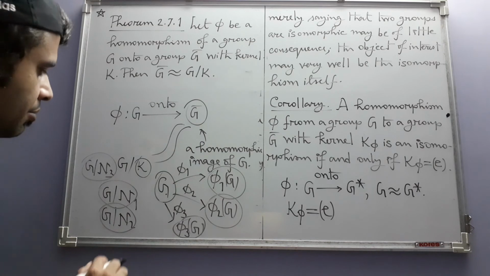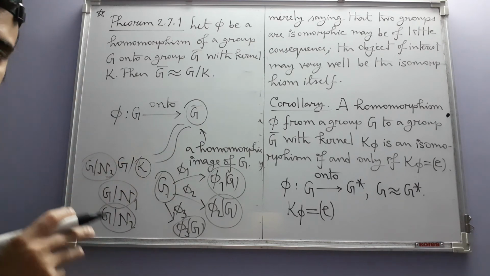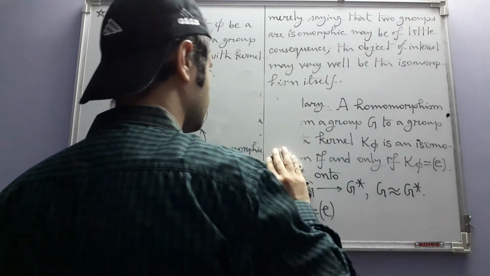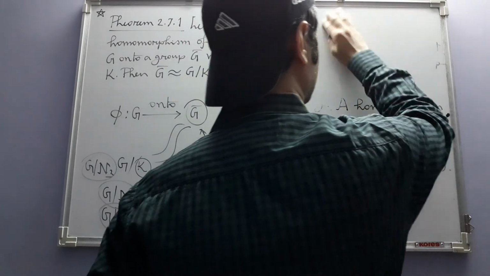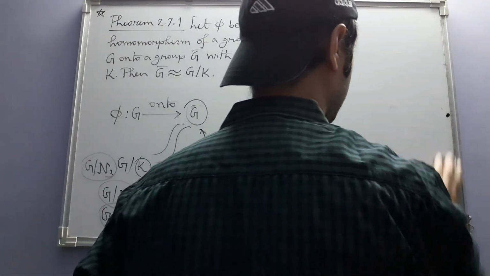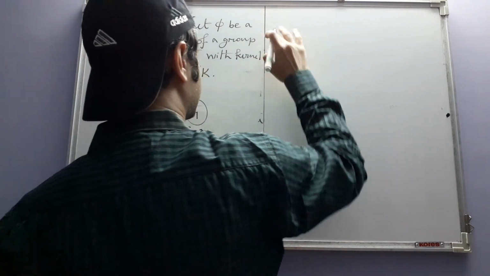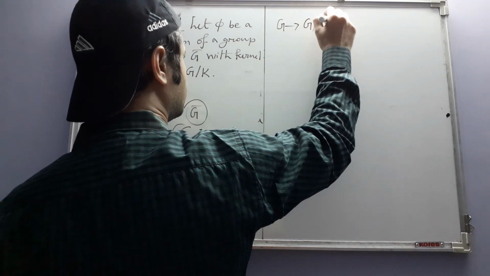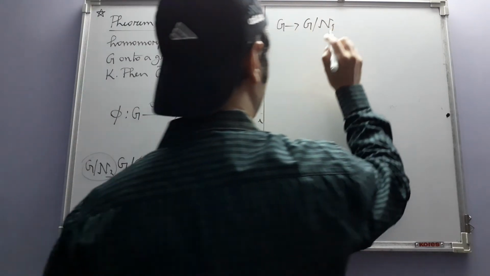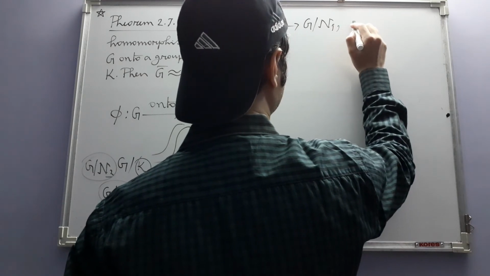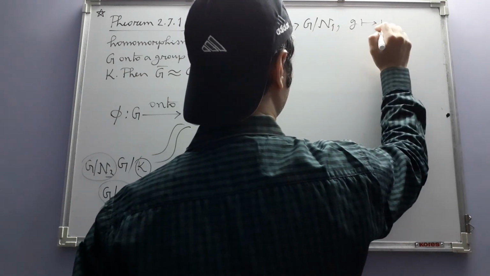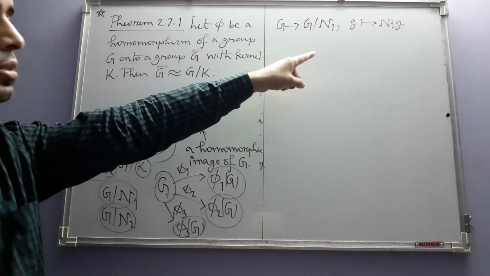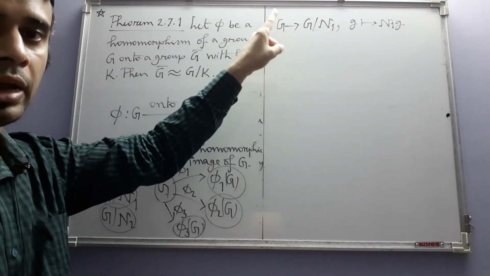According to a previous lemma, these quotient groups themselves are homomorphic images. Let me just say some more things. We have already seen that if we consider this function from G to G by N1, where N1 is some normal subgroup of G, where the element g is mapped onto the coset N1g, then this mapping is itself a homomorphism and onto.